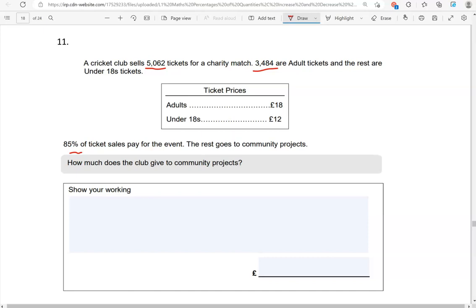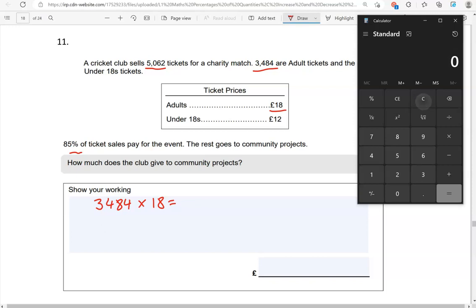So we've got the number of adult tickets, which is 3,484 times 18. That gives us 62,712.